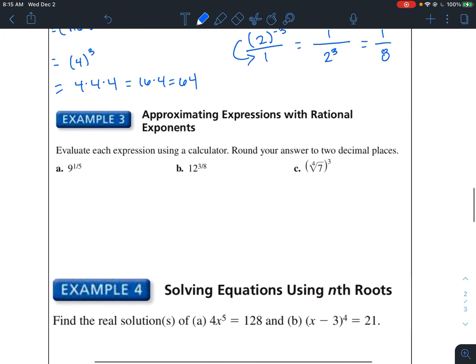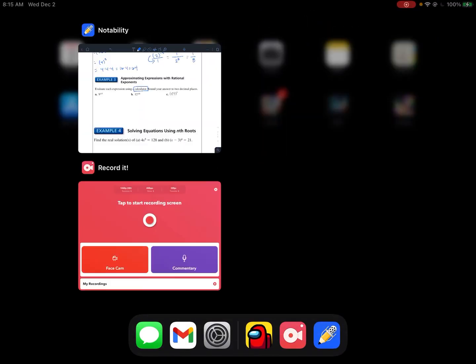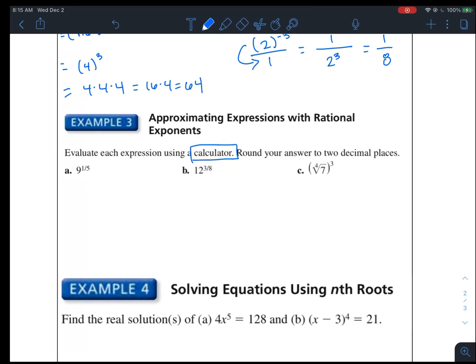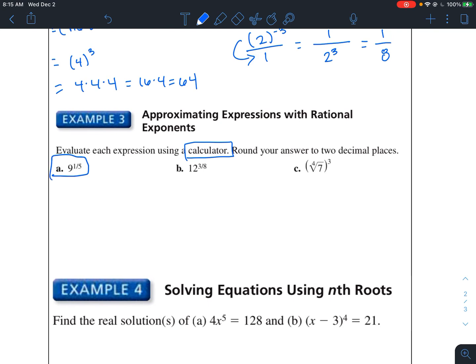Okay. In example 3, it's basically the same thing except asking you to use a calculator. So if you go to a calculator, and I have one here, I'll show you how to input a rational exponent, so 9 to the 1/5.